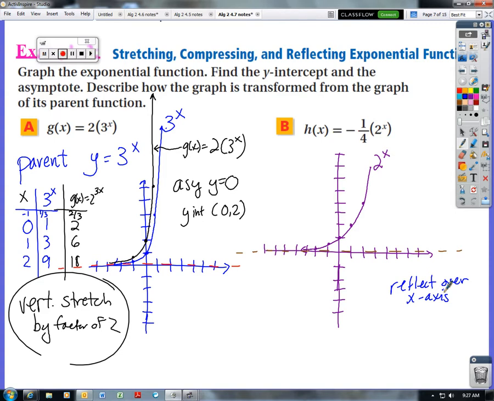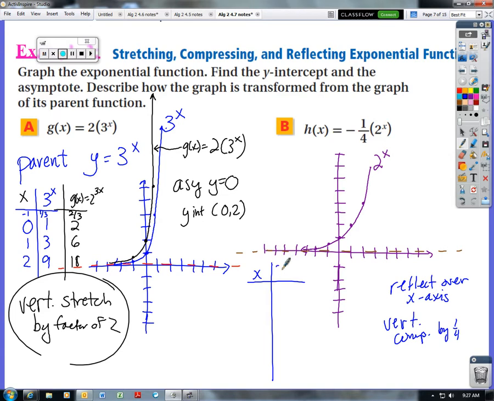And then there's a 1/4 out front, so that's also a vertical. And in this case, it's 1/4, which is less than 1, so it's going to be a vertical compression by 1/4. You know what? I am going to need my t-chart so I can find my new y values, come to think of it.